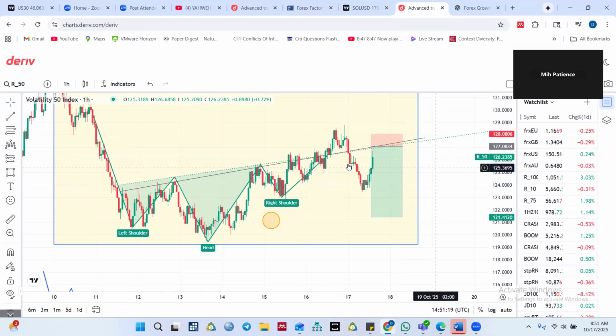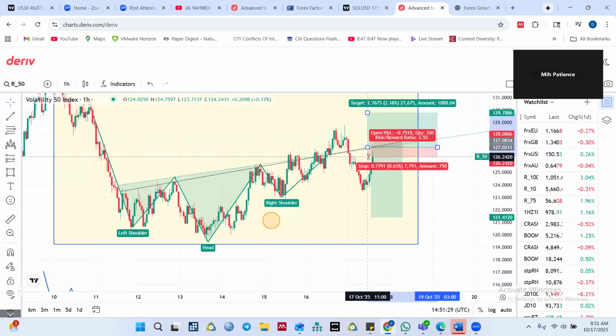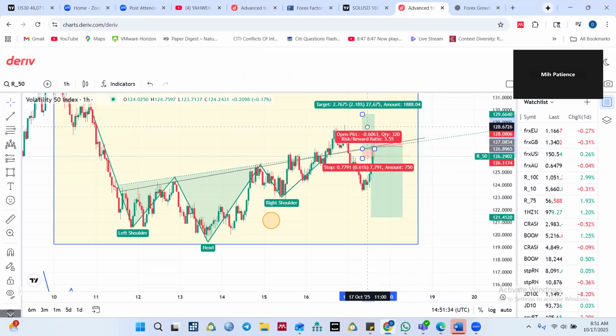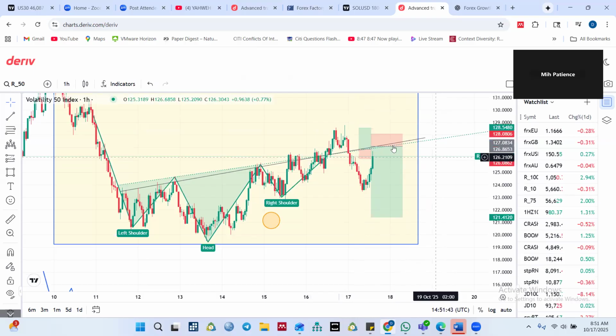Or we will be waiting for price to break out above, to break or close with a big close above the trend line. So this could be a buy stop trade. And TP1 will just be this high. Okay, so these are the two things that you can see here.